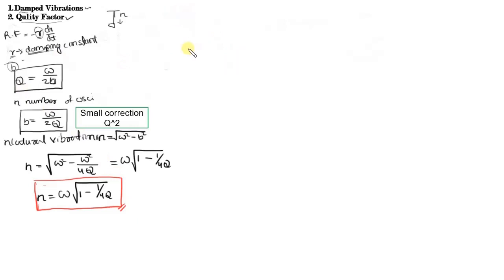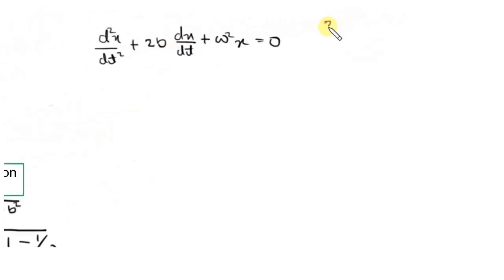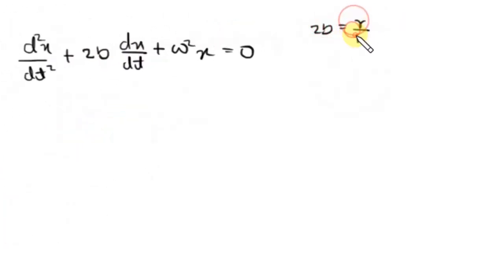Now let us consider, while deriving damping vibration we got the equation d square x by dt square plus 2b dx by dt plus omega square into x equals 0. What is 2b? 2b is nothing but r by m.